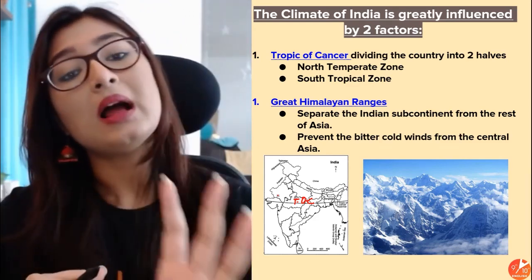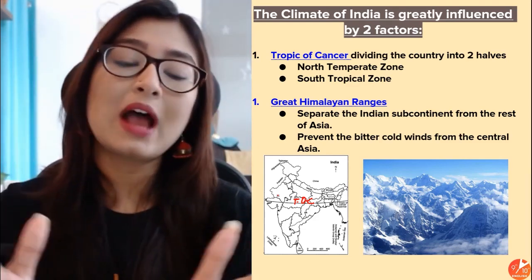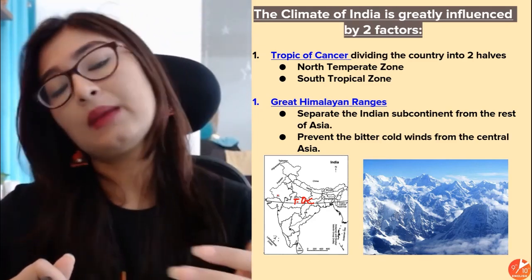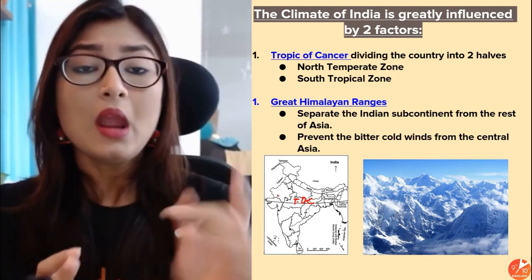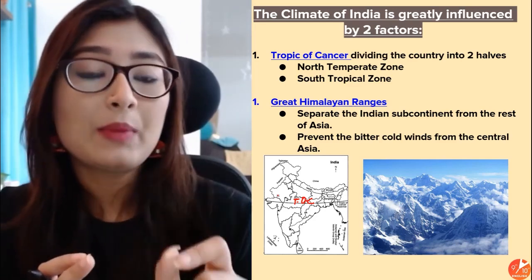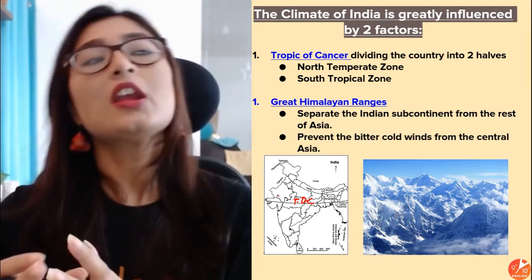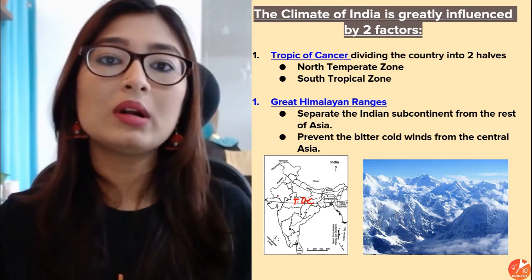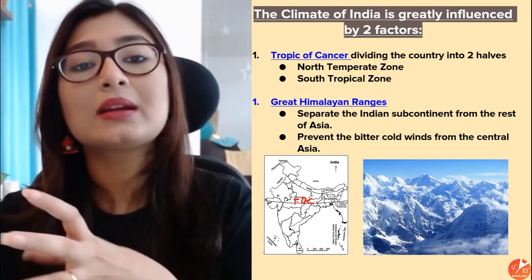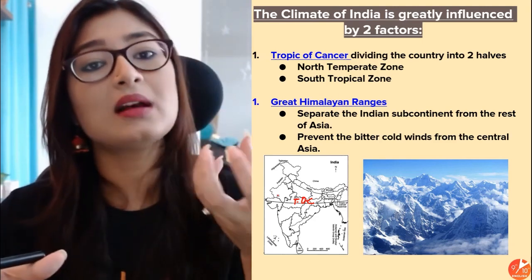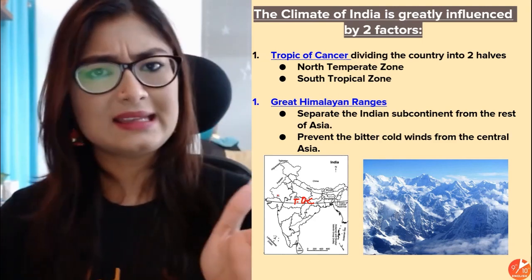Now the Great Himalayas, also the Himalayan ranges, have a great effect on the weather and the type of climate that we have over here. India has a monsoon type climate, and we will see why. The entire world has been divided into a number of climatic regions, and the climatic region that India falls in has a monsoon type of climate, and we'll see why.